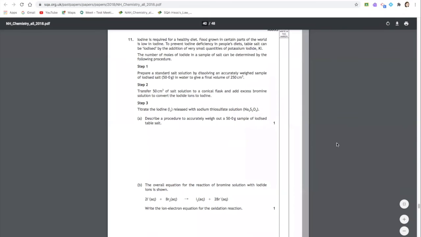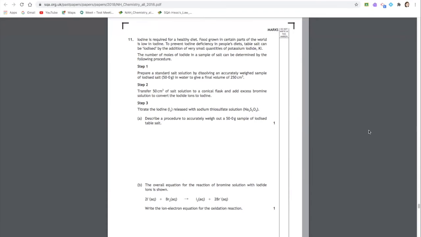So then 11A, describe a procedure to accurately weigh out a 50-gram sample of iodized table salt. To accurately weigh out anything, you would weigh the weighing boat and the contents.